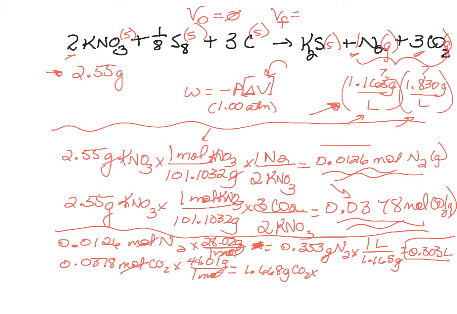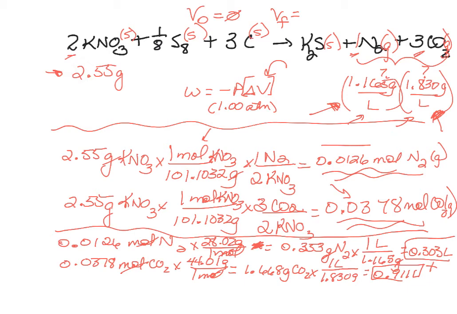Now let's use the conversion factor, the density that they gave us for CO2. Flip it upside down, and the density is 1.830 grams per liter of CO2. So punching that in, we get that the volume of CO2 we have is 0.911 liters.